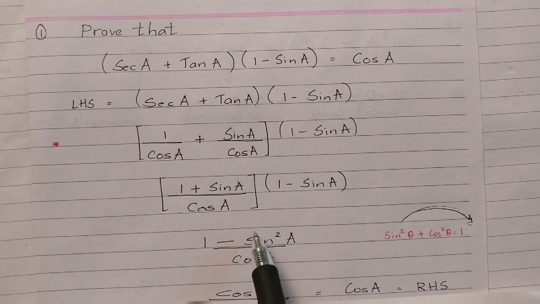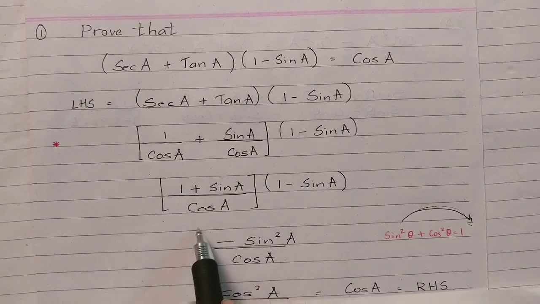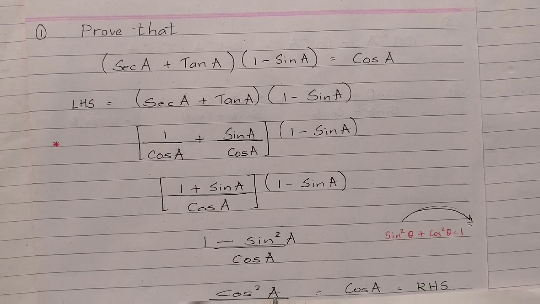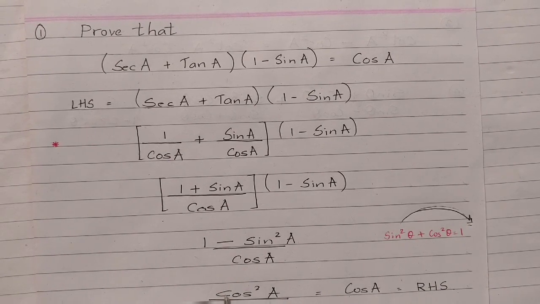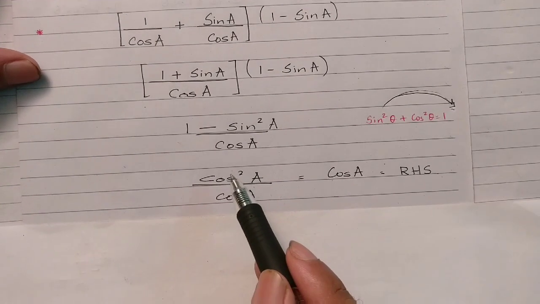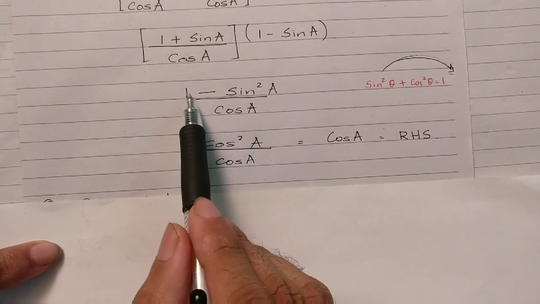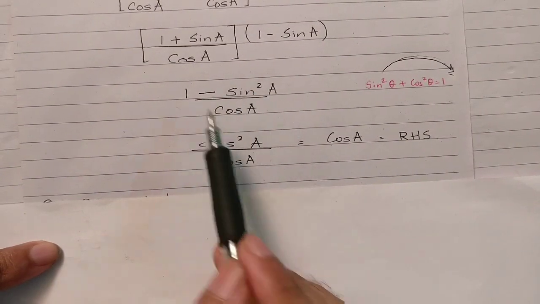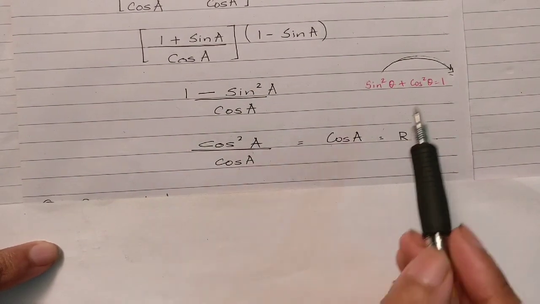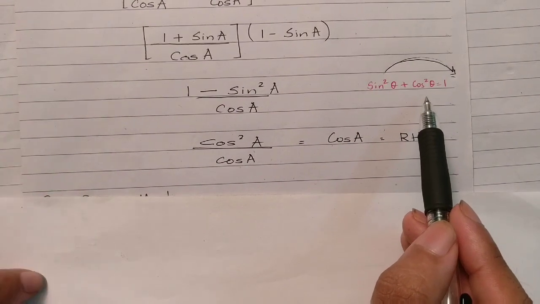So I can change this 1 minus sine square A as cos square A upon cos A as it is. So in the numerator, 1 minus sine square A is written as cos square A from this identity.